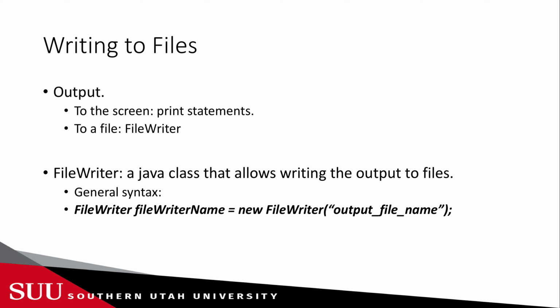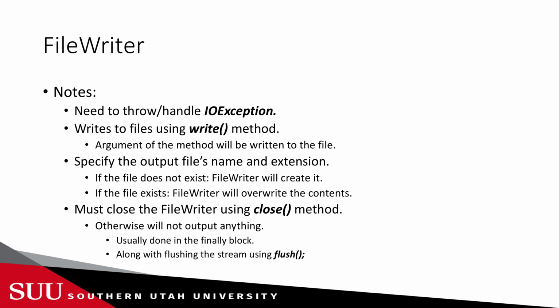Now before jumping into code, we will need to just review some notes. First of all, we'll need to throw or handle IOException. And to write anything to files, we will be using the write method. The argument of that method is what's going to be written to the file.